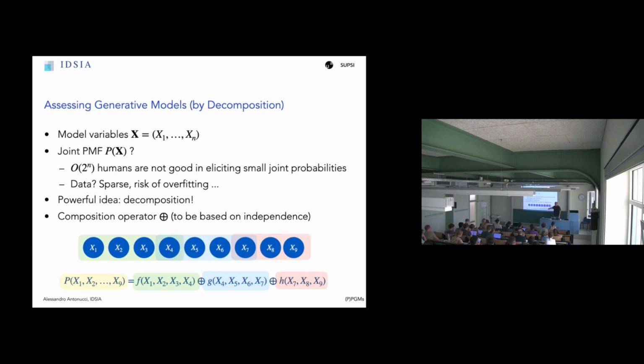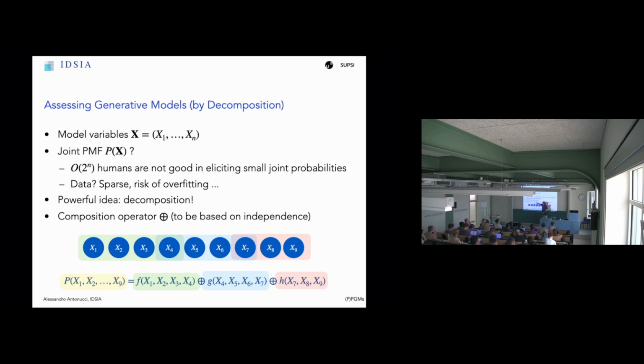But because of this decomposition property, assessing separately these small models is equivalent to assessing a joint model. And this is really what graphical models are about. Graphical models are basically decomposable models. And they allow us to learn a joint, in this case probability, distribution by smaller pieces of information composed somehow.